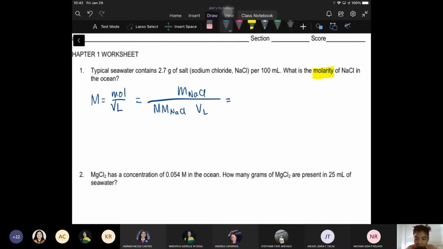Okay? And then, since we know kung ano na yung gagawin, we have the mass. We have to convert it into mole by dividing it by molar mass, diba? So, that is written as 2.7 grams divided by the molar mass of NaCl. Ito, given ba sa problem yung molar mass ng NaCl?